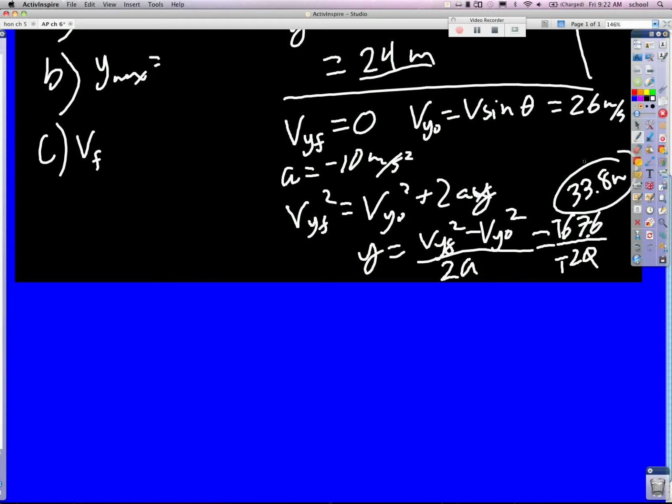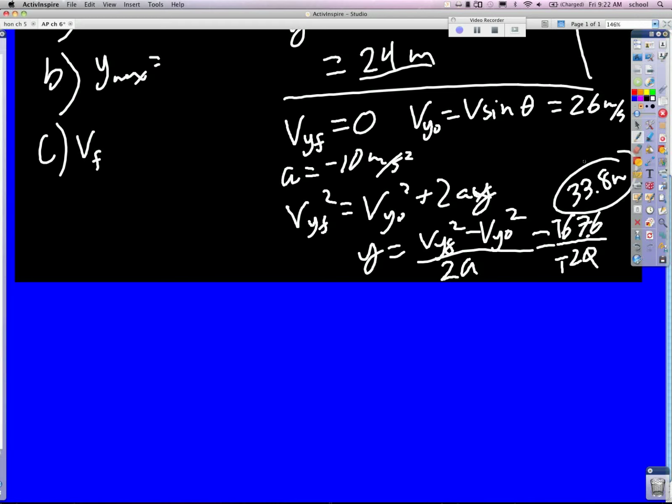Okay, now we can say a couple things. V final is going to be equal to the square root of Vy final squared plus Vx squared. Now, why didn't I put a Vx final? So how do I find this Vy final? Don't get confused by multiple dimensions.